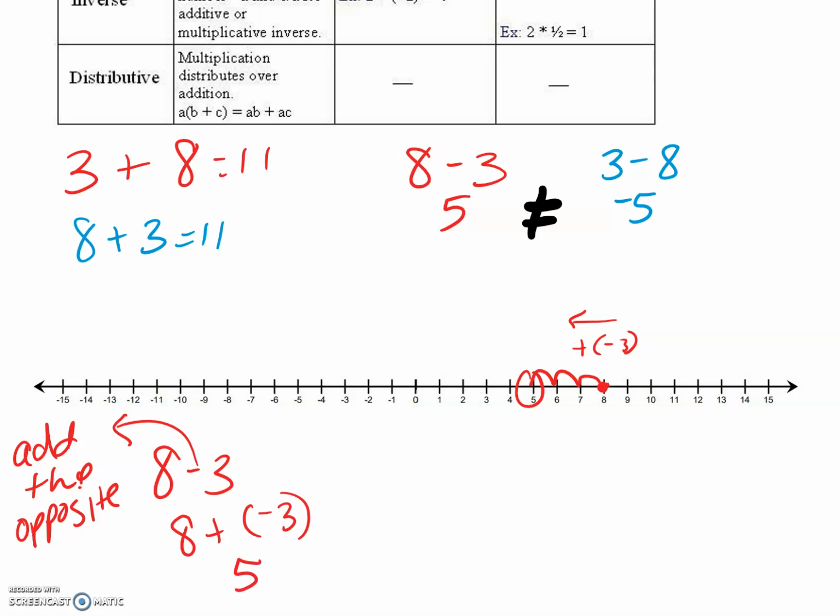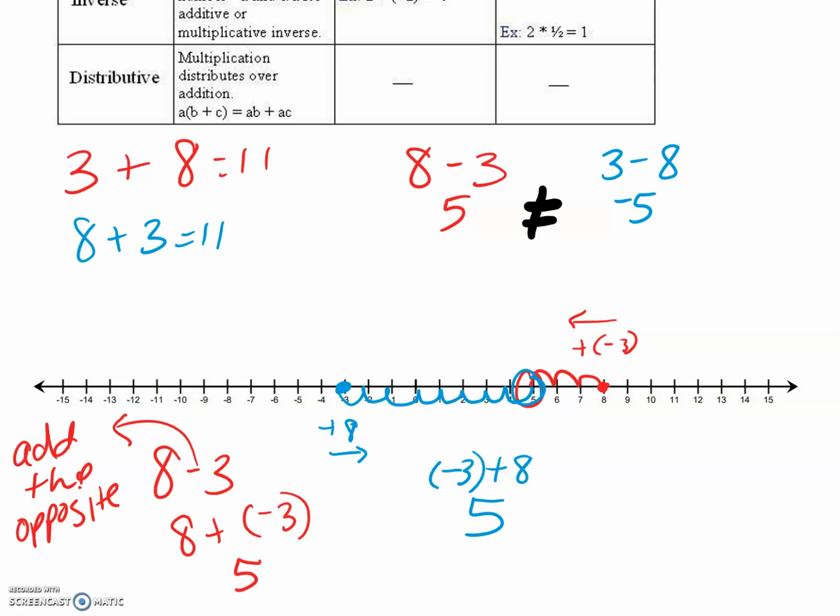But now let me rearrange these numbers. Let's see if the commutative property works. So I have negative 3 plus 8. I'm rearranging the numbers around my plus sign. Let's do this on the number line. I'm starting at negative 3. I'm adding 8, which means I'm moving 8 units to the right: 1, 2, 3, 4, 5, 6, 7, 8. OMG.